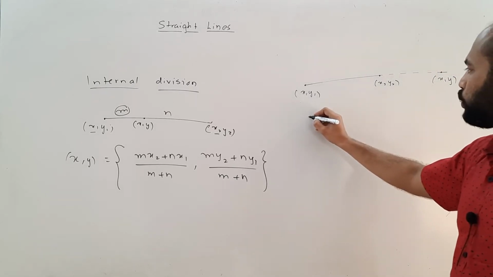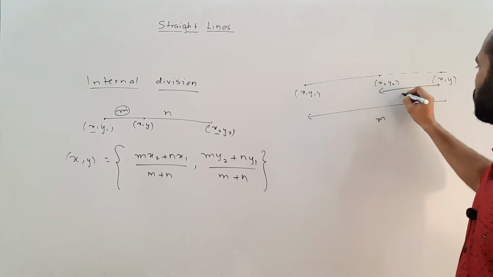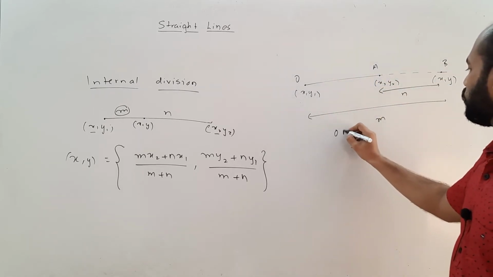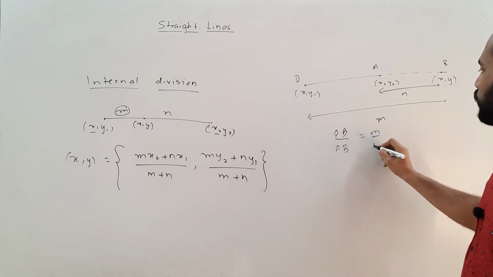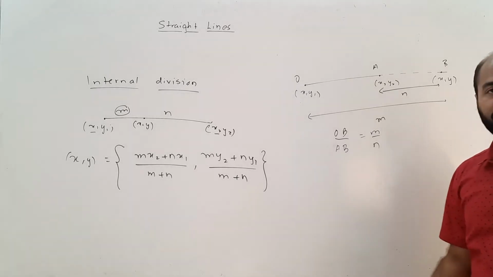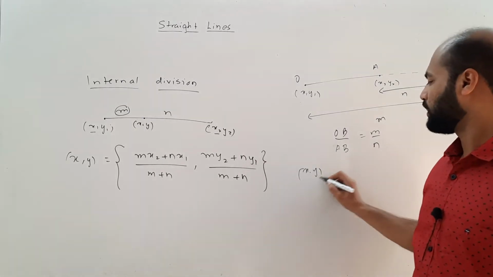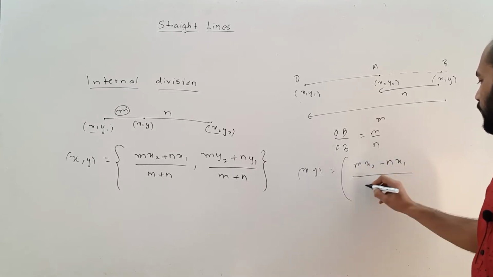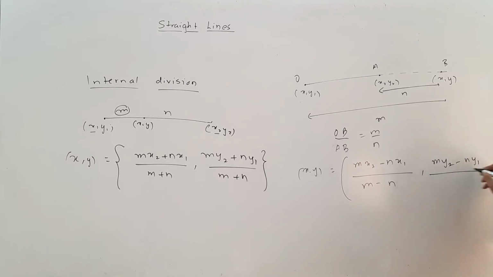Now the ratio from here to here, this is m is to n. If I say this is O, A, B, we have the ratio OB by AB in the ratio m is to n. Now we have to write the coordinates. So x comma y for external division would be given as m x2 minus n x1 by m minus n, and m y2 minus n y1 by m minus n. That's how it is given to us.